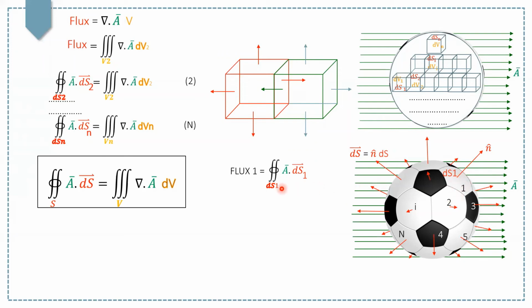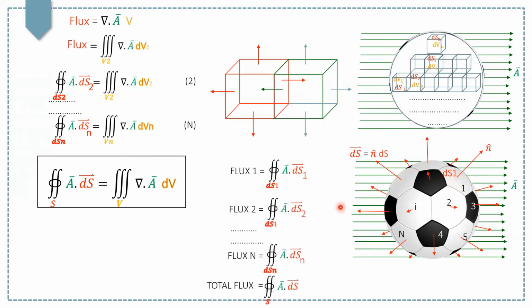Following the definition of flux, having the dot product between vector A and dS1, we get some magnitude of flux. Similarly, following this definition for all of the patches, for example, for flux 2, this would be the total flux, and following the same definition for the nth patch, we get the closed surface integral over dSn of A dot dSn.